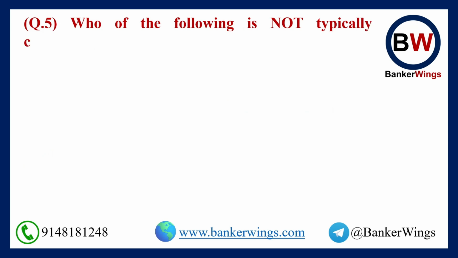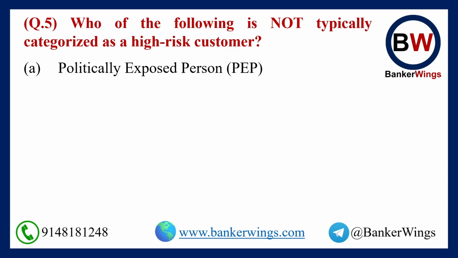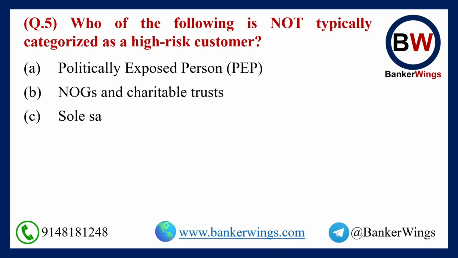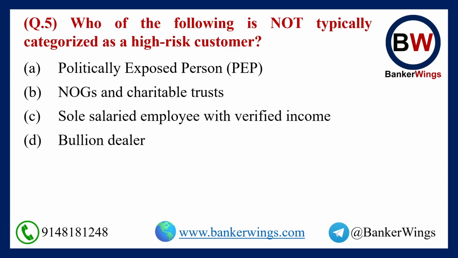Question 5. Who of the following is not typically categorized as a high risk customer? Okay. Options. Option A, politically exposed person. Option B, NGOs and charitable trust. Read it as NGOs. Option C, sole salaried employee with verified income. Option D, bullion dealer.